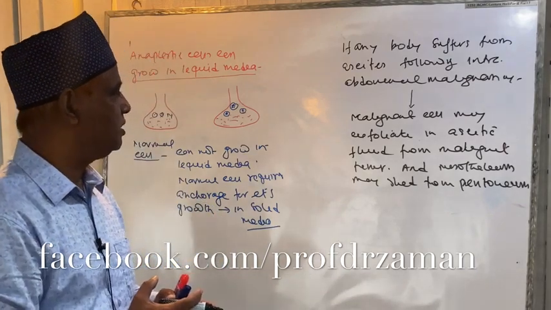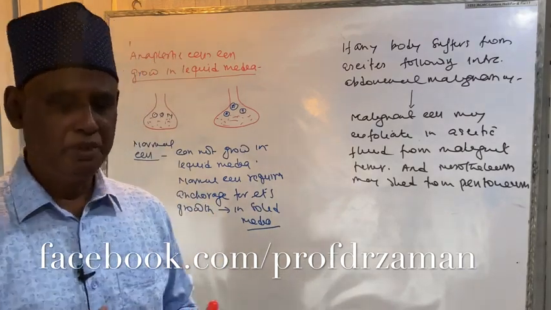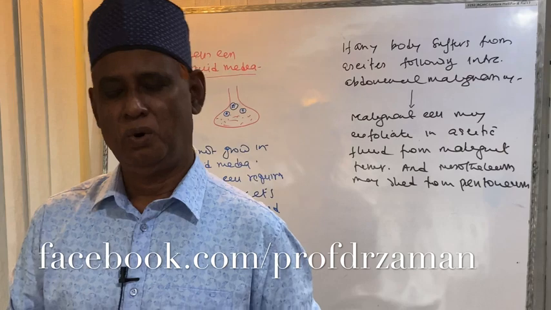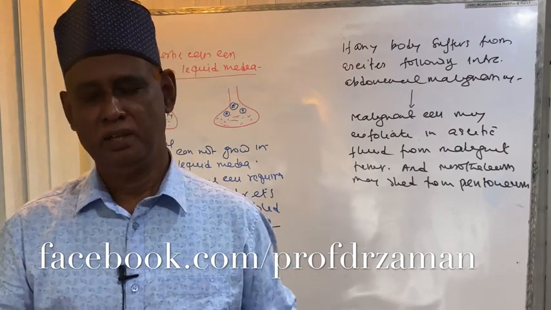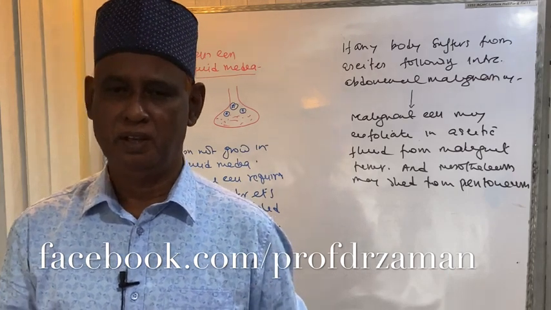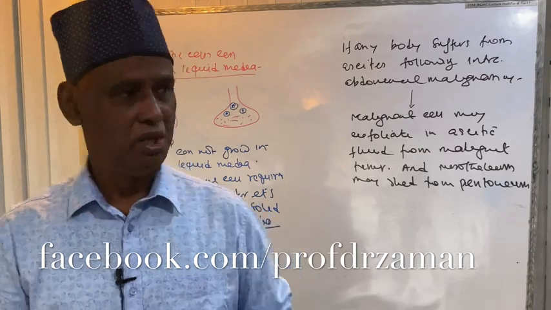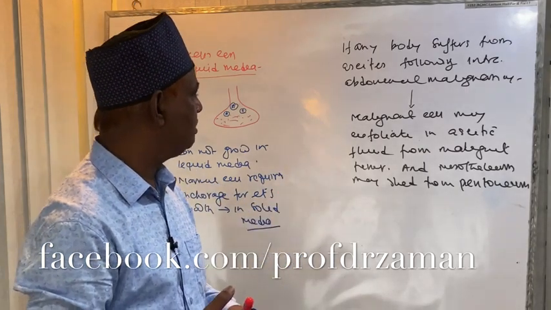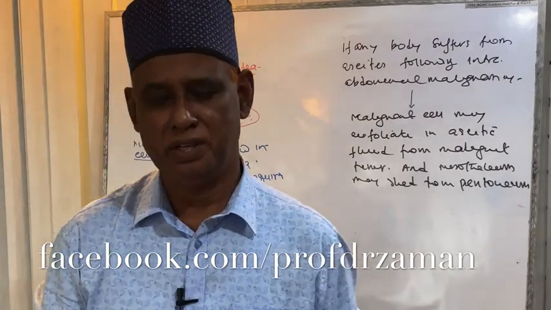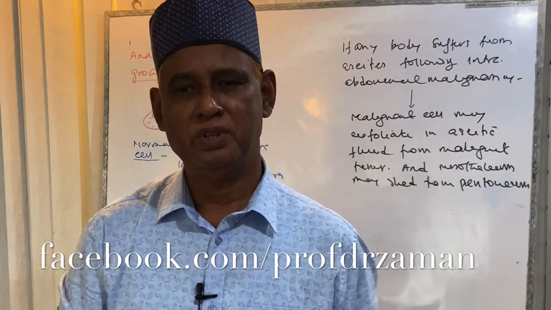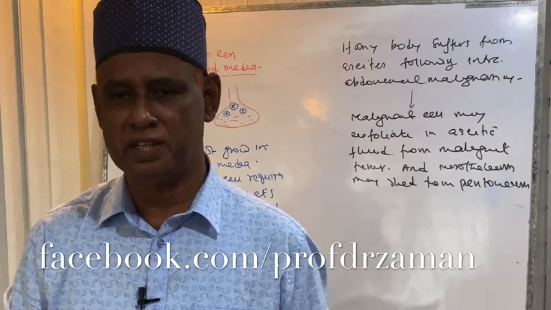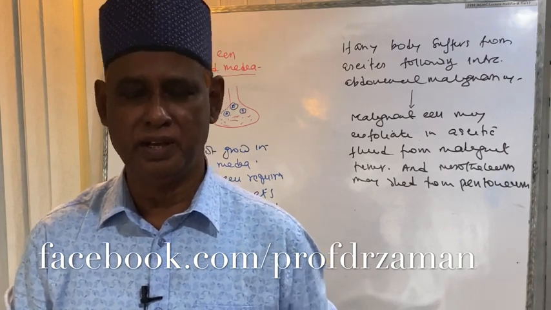We will see the mesothelium shed from the peritoneum present in the ascitic fluid are degenerated, but the exfoliated malignant cells from the malignancy are not degenerated. So mesothelium is seen degenerated, while exfoliated malignant or anaplastic cells are seen not degenerated.